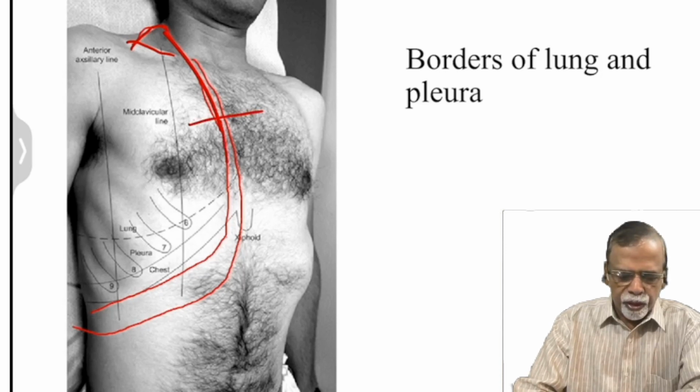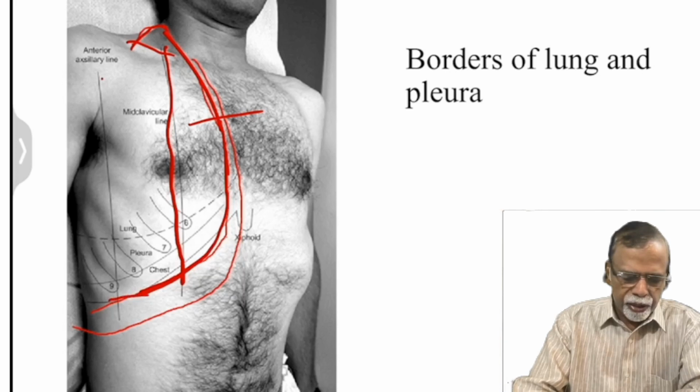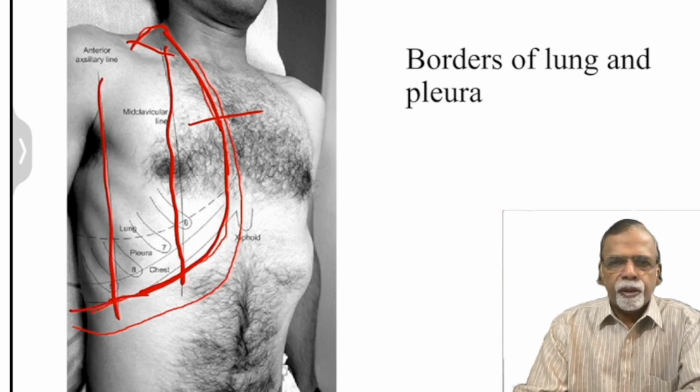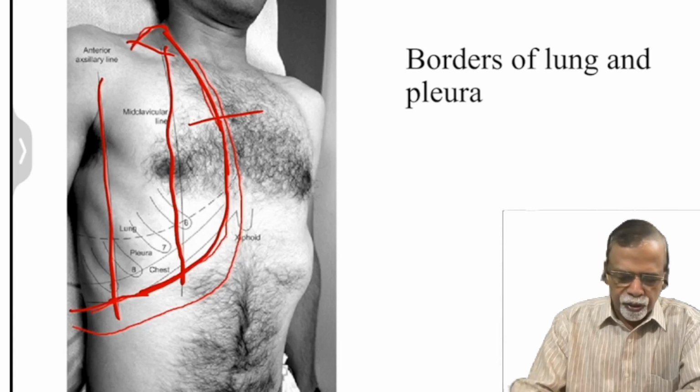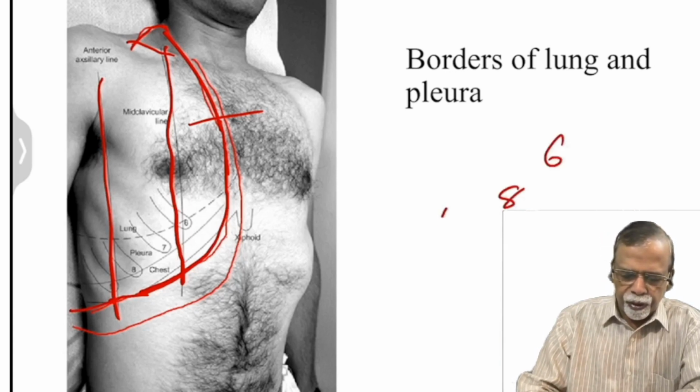It descends down like this and reaches the sixth intercostal space in the midclavicular line, the eighth in the mid-axillary line, and the 10th space in the posterior scapular line. So you can remember 6, 8, 10.